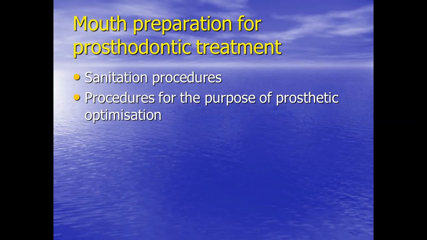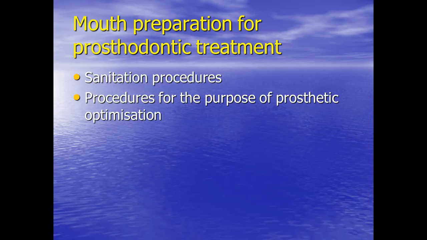And after this, the treatment plan of prosthetic treatment is usually not to start from the very beginning, as we are to do some procedures of mouth preparation for prosthodontic treatment. This means that we need some dental treatment to be done before we can start real prosthetic treatment.